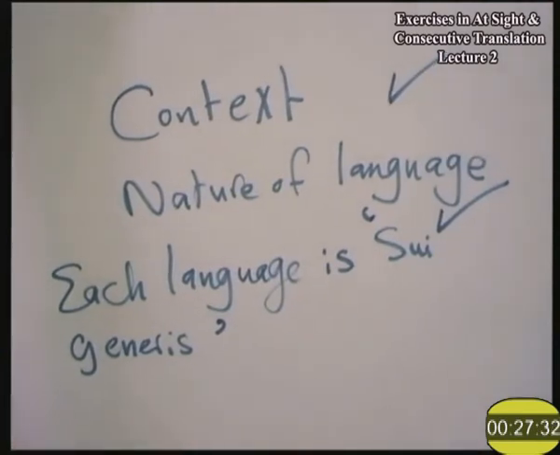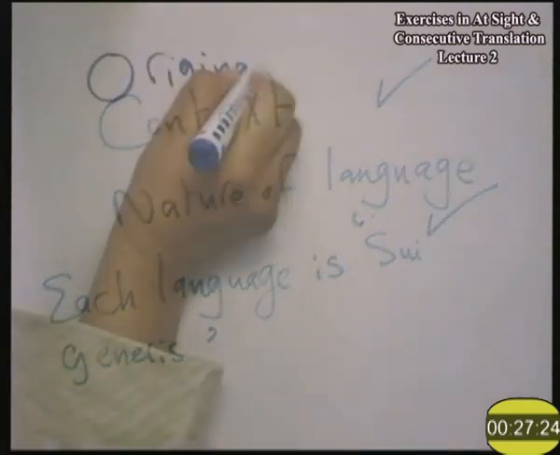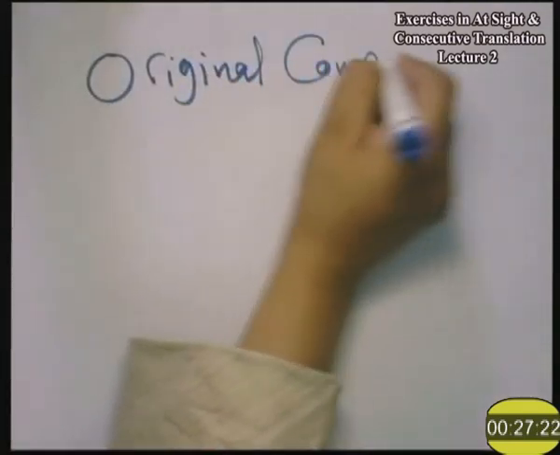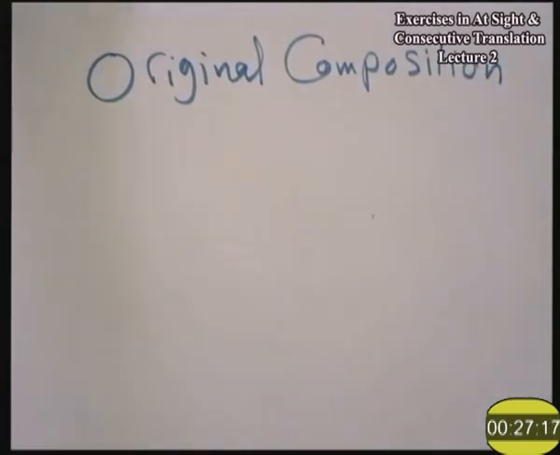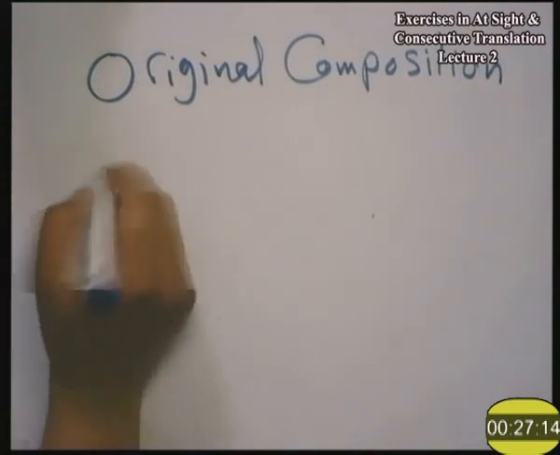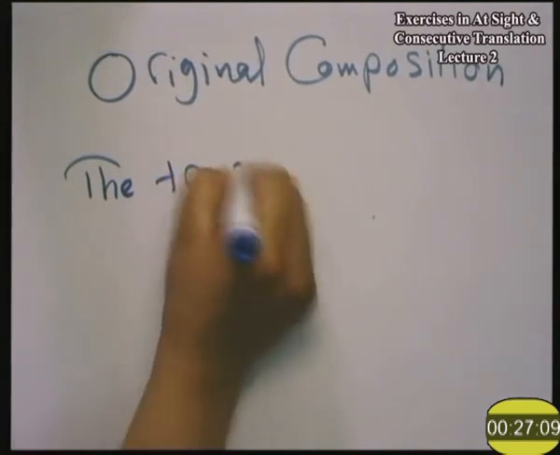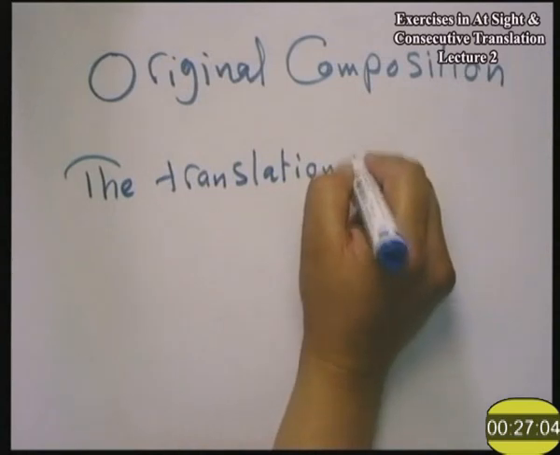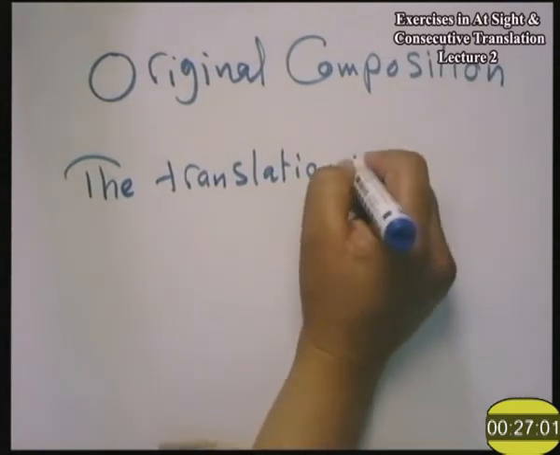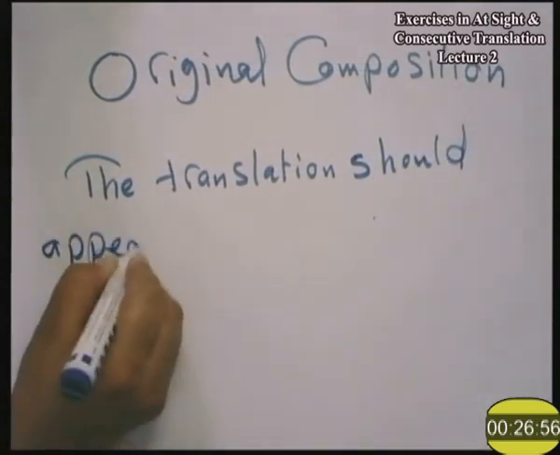Now the aim of any translation is to reach original composition. By original composition, we mean that the translation text, the product of translation, should appear as original.